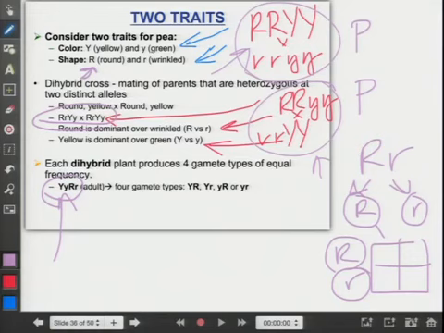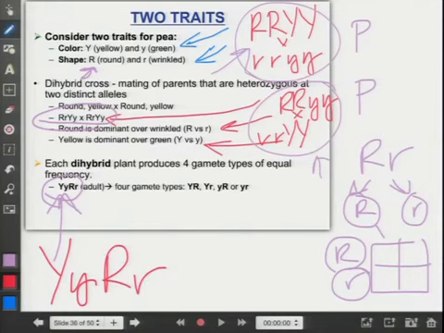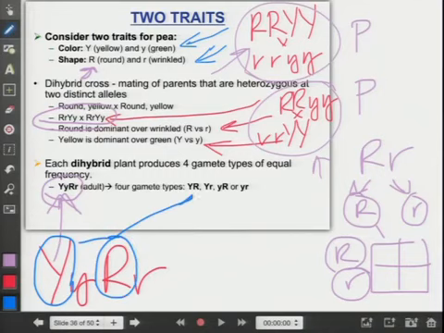When we have these two, we have to consider both of those genes and all the different combinations of gametes. And so this is saying, here, if we have this big Y and this big R, they could get together into a gamete.